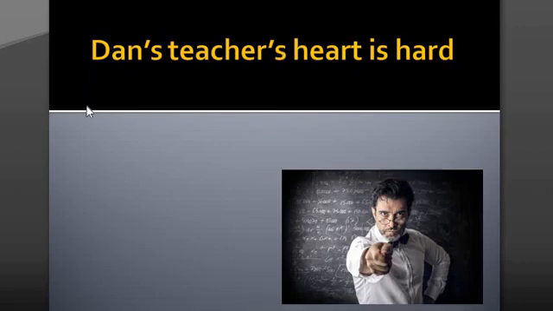Dan's teacher's heart is hard. So in English, each of these words has a D or a T. And if you search for these words in IPA, that's what you'd see. Teachers with a T, heart with a T. But actually, there's 3 different sounds here.